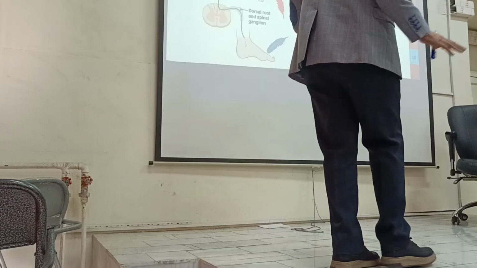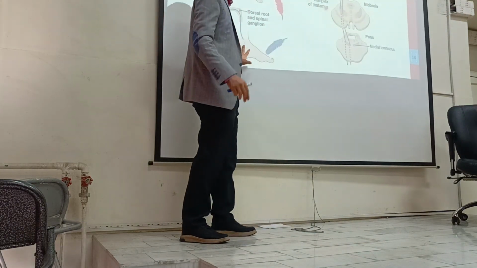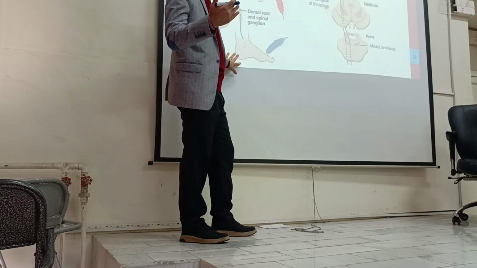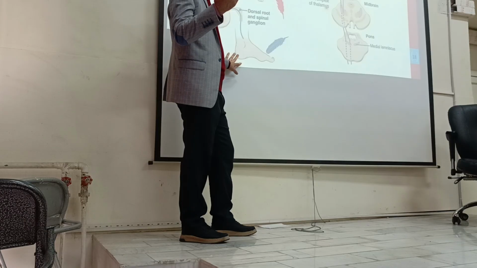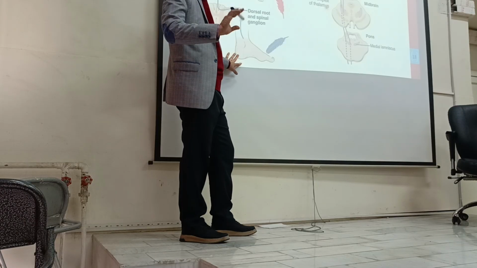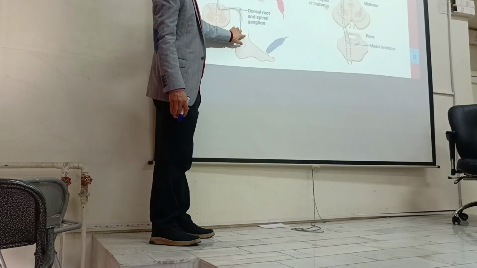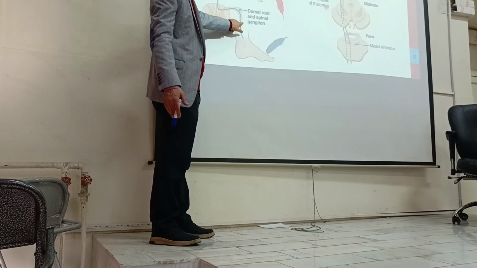But now let me mention another thing: orientation. I told you before that orientation in the DCML system is high, but orientation in the anterolateral system is low. So what do I mean? Remember that fibers from the toes enter the gracile fasciculus.